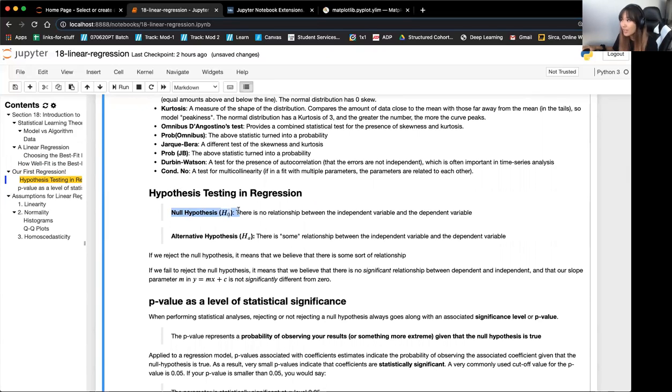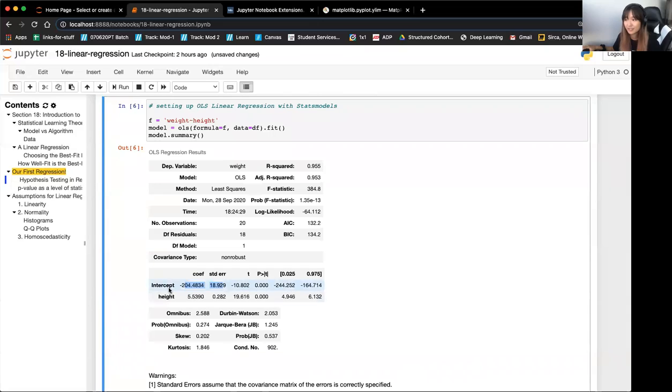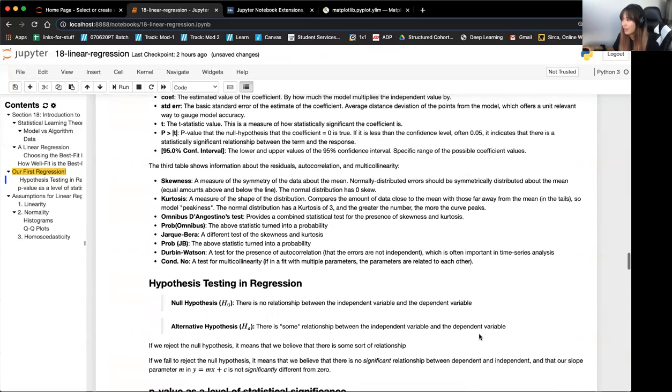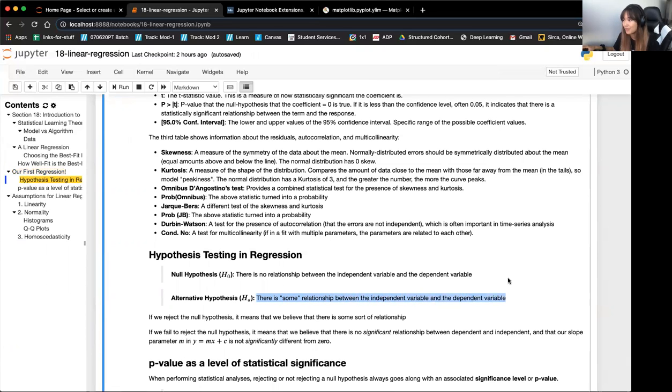The null hypothesis is that there is no relationship between the independent variable and the dependent variable, which means that the coefficient is equal to 0. The alternative hypothesis, conversely, is that there is some relationship between the independent variable and the dependent variable.